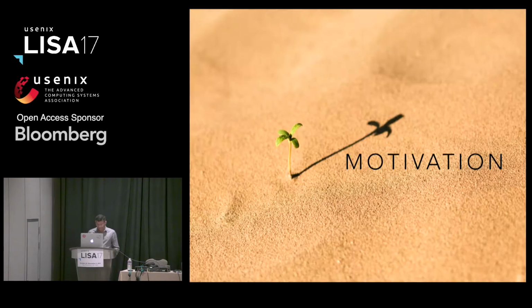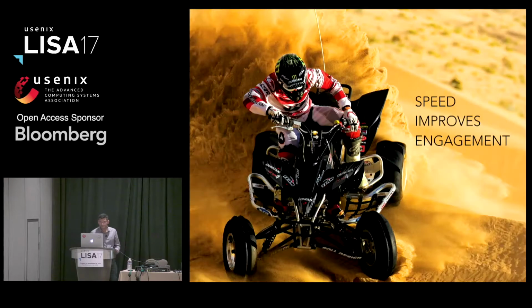So the motivation for this talk is let's see why we built distributed tracing at Pintrace. At Pintrace, we care about performance. We want to make our service really fast and really engaging for our users.